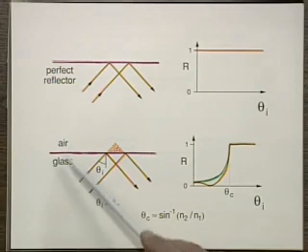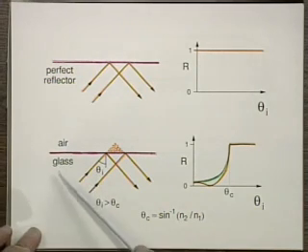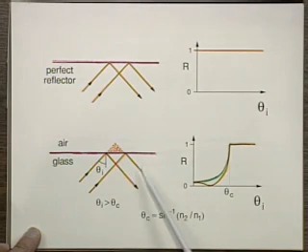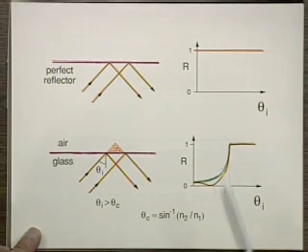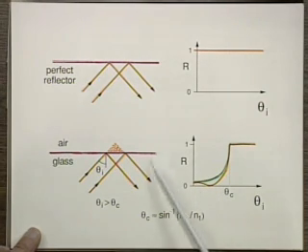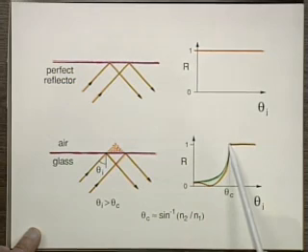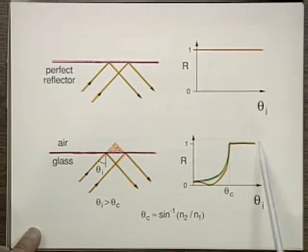But if you have the glass-air interface now, and we're coming from the glass side, then as we vary the angle of incidence, the reflectivity of this interface depends on the polarization. But right now we're not going to get involved with polarization, but basically, between glass and air, it starts at like 4%, and for one polarization goes through 0, which is the Brewster angle here, and then rises at the theta critical to 100%.